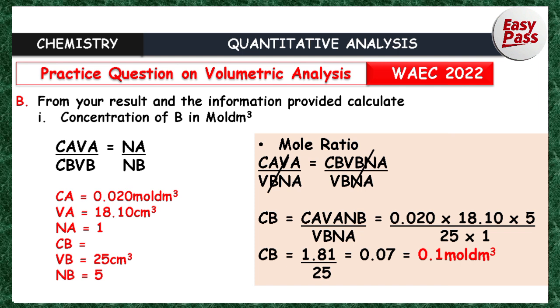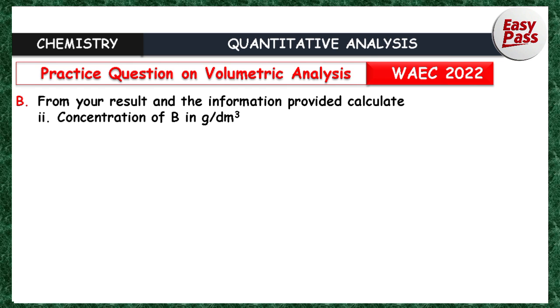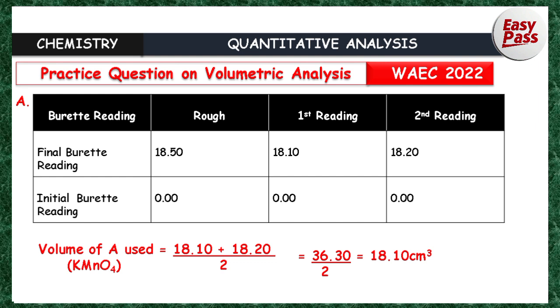So another question was to calculate the concentration of B in gram dm³. So for the BII, we have the concentration of B in gram dm³. Recall, the answer gotten from volume of acid is 80.10 centimeter cube.